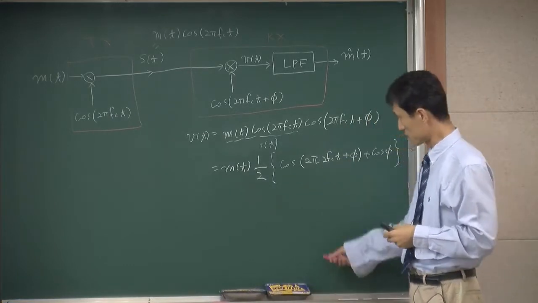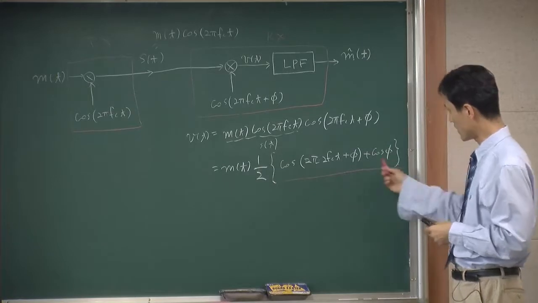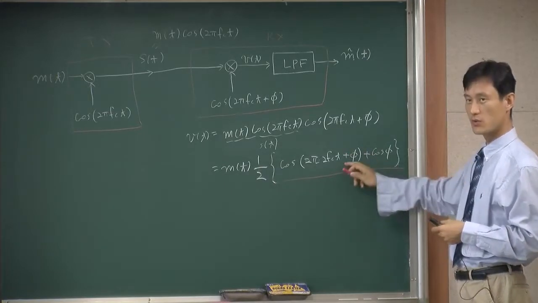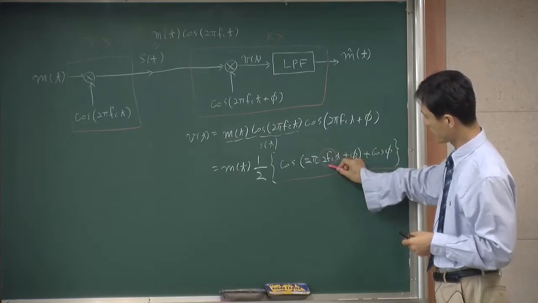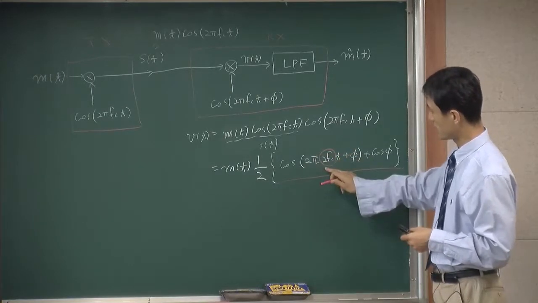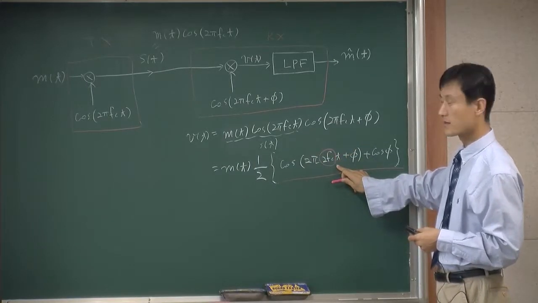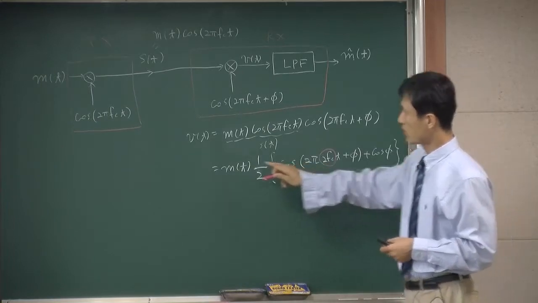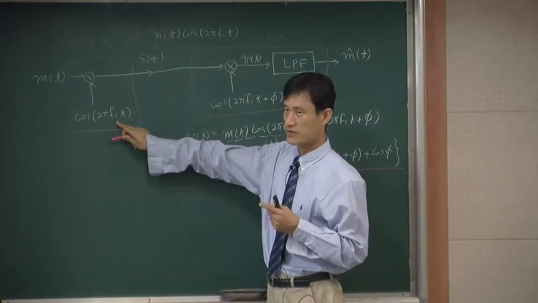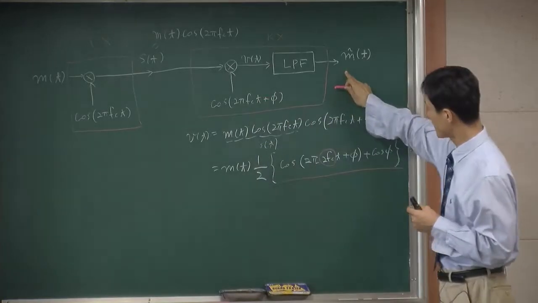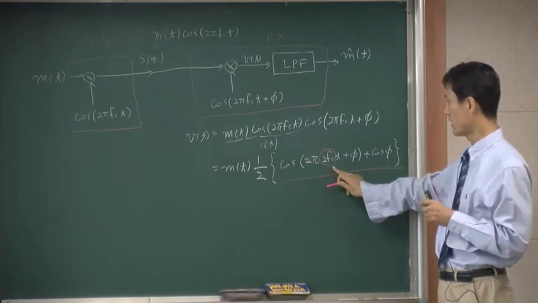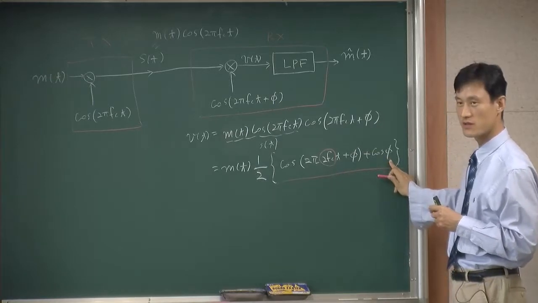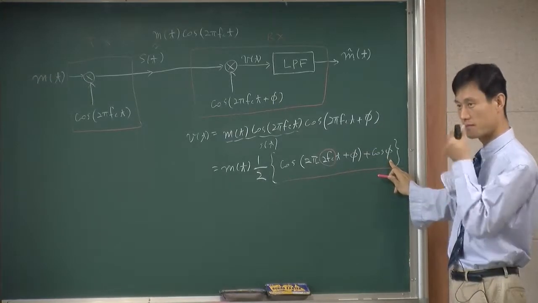When you look at this, now what you can see is we have two different terms. Each one is a cosine, but the first cosine has a frequency of 2fc. Originally, fc was our carrier frequency, but eventually what we get is 2 times fc. It's an even higher frequency, and the other is 0 frequency, or DC.